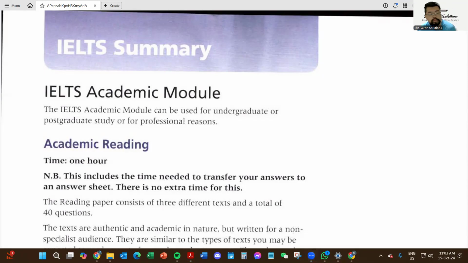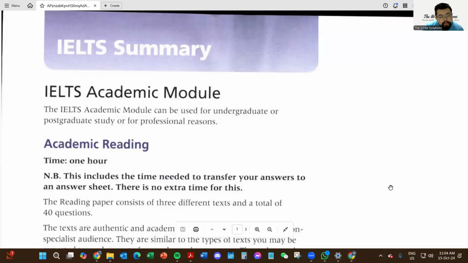They may be missing your test sheets. There might be some IT issues or technical issues, and it might go missing. I've taught IELTS for many years, and it has happened, both in person and online. So please be careful about that.